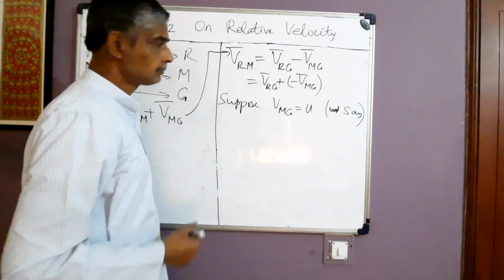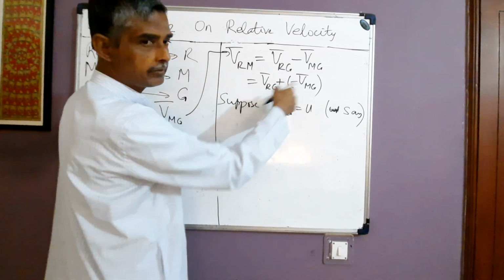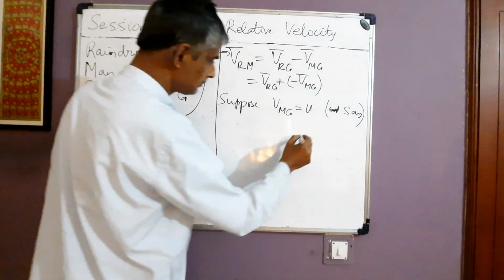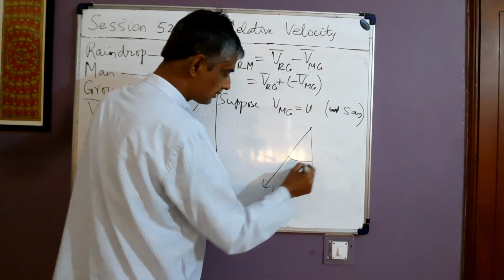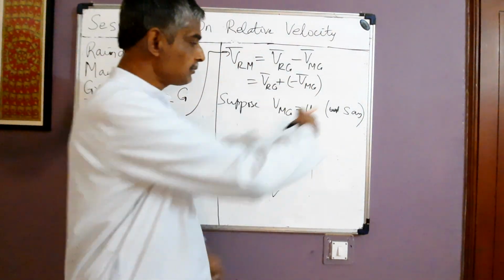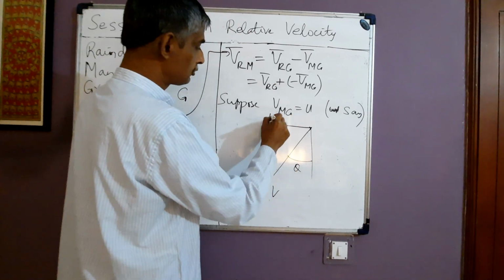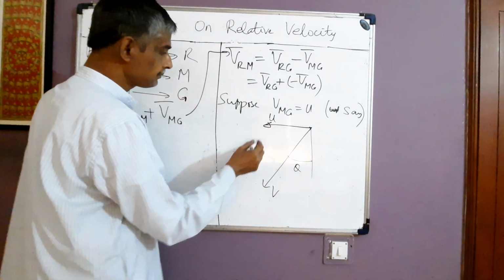Now VRM is the vector sum of these two, so to draw the arrow for VRM we draw the vector diagram. VRG is known, some V at angle theta. Now VMG is U rightward, so minus VMG is U leftward. The vector sum of these two is VRM.